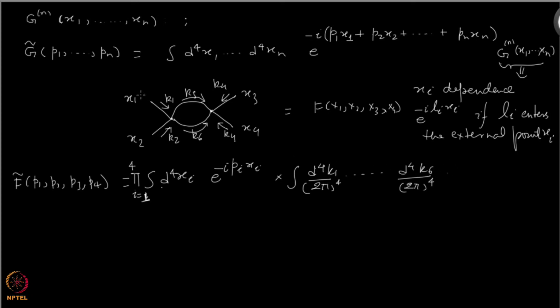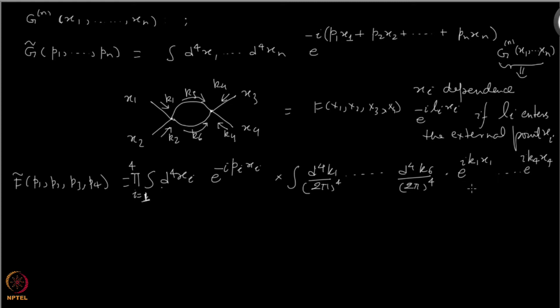And recall what the piece corresponding to the external points was. It was just simply this. So we include all the factors corresponding to the external points, and you get e^{i k1 x1} up to e^{i k4 x4}. There are only 4 external points.